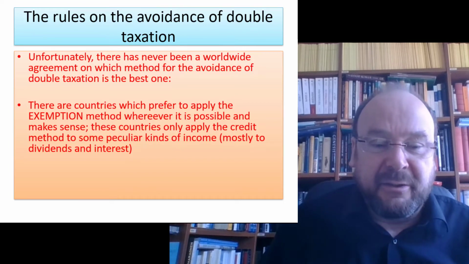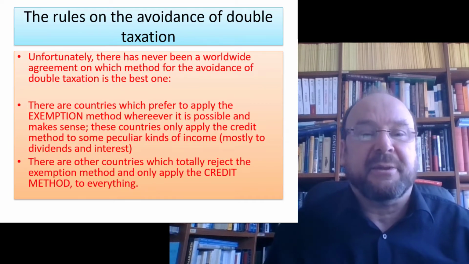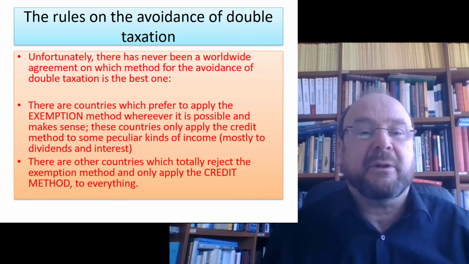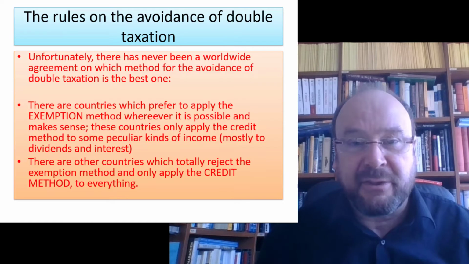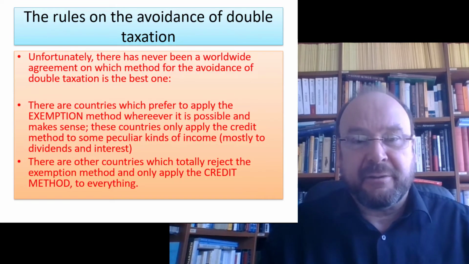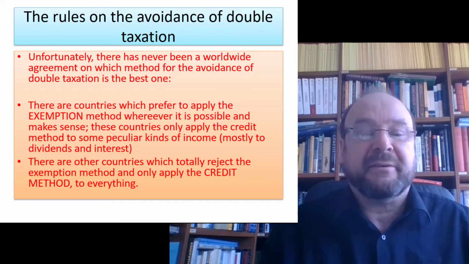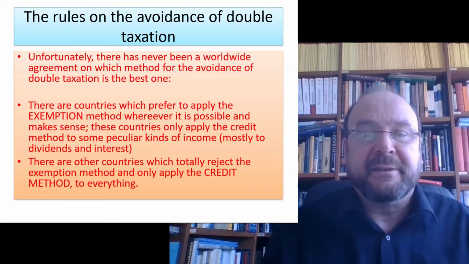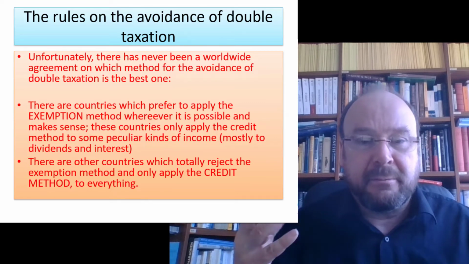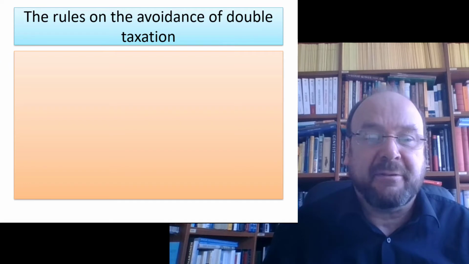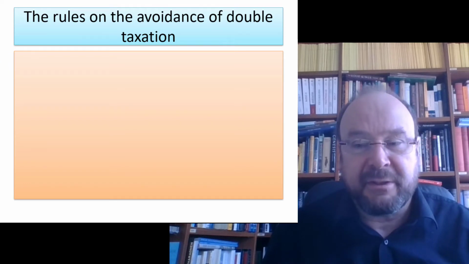Now, there is another group of countries which is totally opposed to the exemption method. They want to apply the exemption method under no circumstances at all. The only thing they are willing to do is to apply the credit method everywhere to everything always. So these 2 opposed groups of countries could never be brought to an agreement.